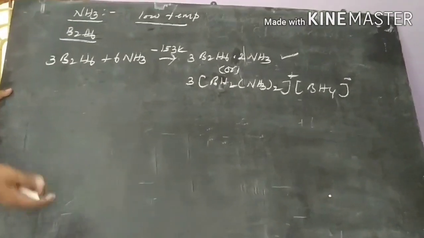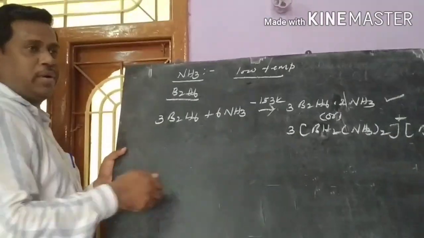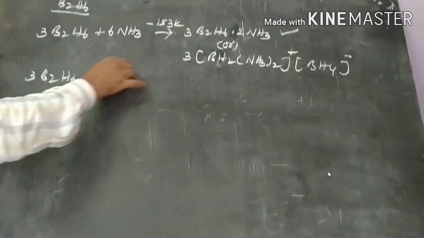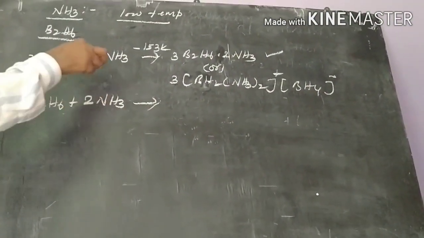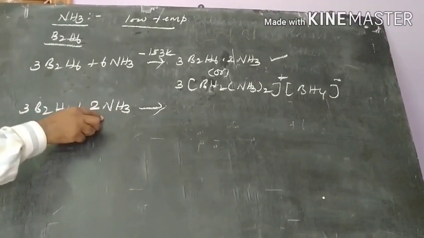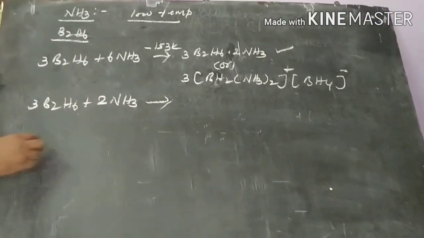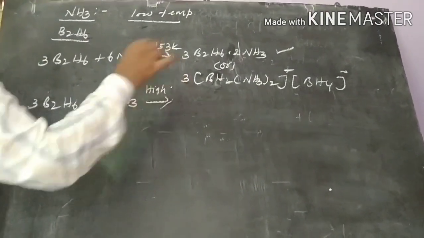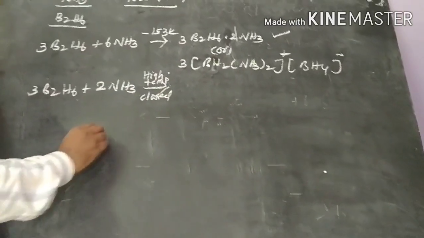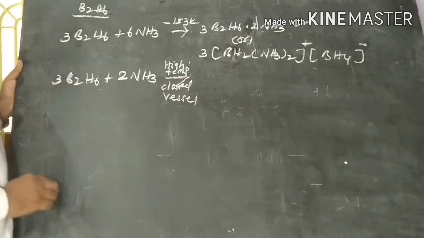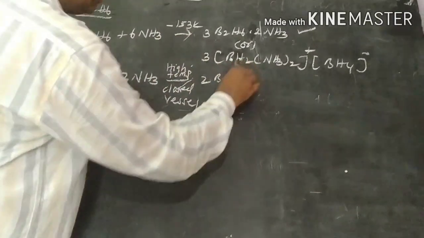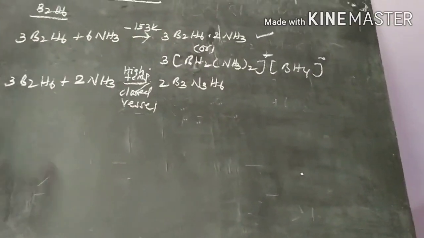Okay, the next one, on heating at a higher temperature. 3 moles of B2H6 react with just 2 moles of ammonia, not an excess of ammonia as for diborane diammoniate. At high temperature, in a closed vessel, it gives borazole, B3N3H6.